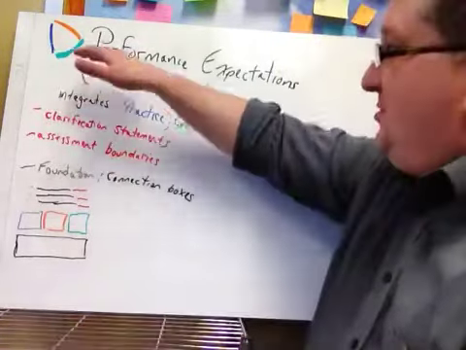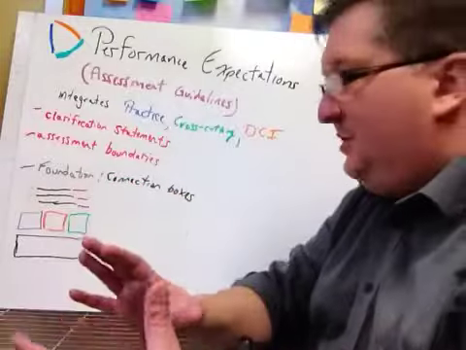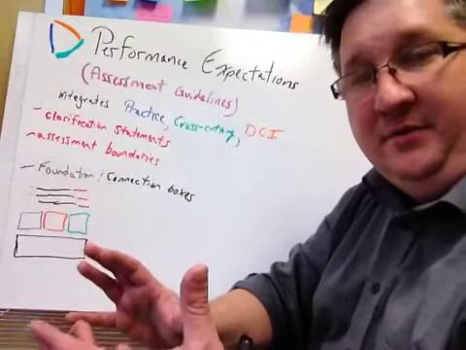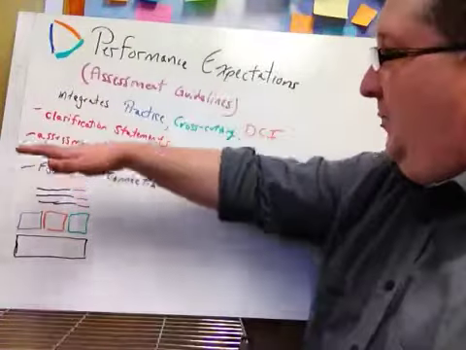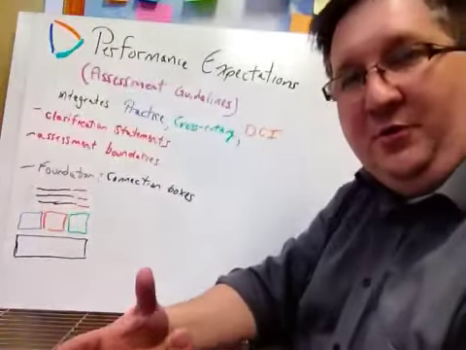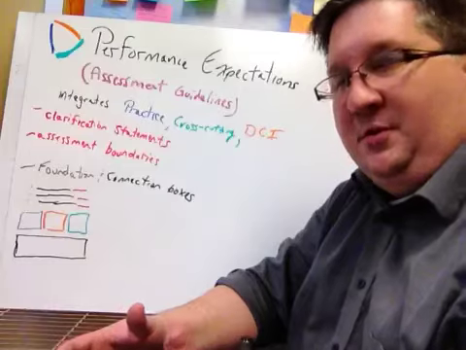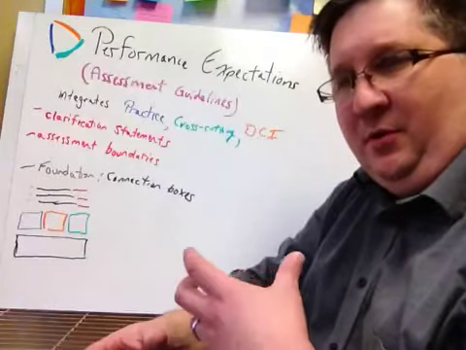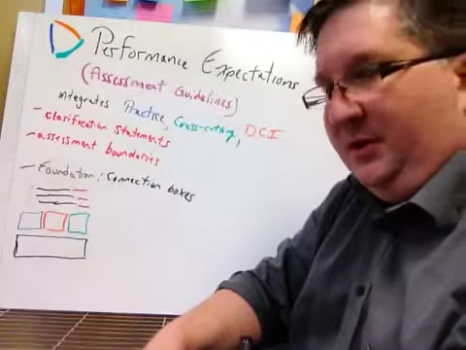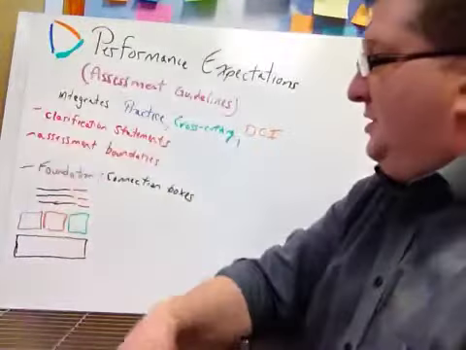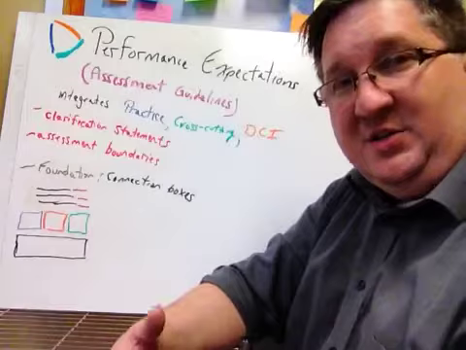As you look at a performance expectation, you'll see in parentheses often a couple of different statements. So many of the performance expectations have clarification statements. Those are ways to provide examples, or some way to clarify what is meant by a specific performance expectation. The other thing you'll see is statements of assessment boundaries.